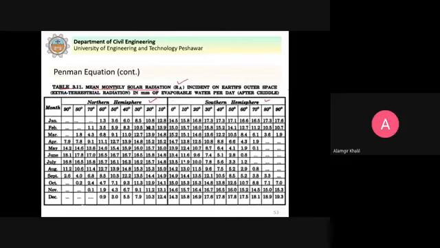For the given months we can read the value of RA. This is the mean monthly solar radiation incident on Earth's outer space, that is the extraterrestrial radiation, in millimeter of evaporable water per day.